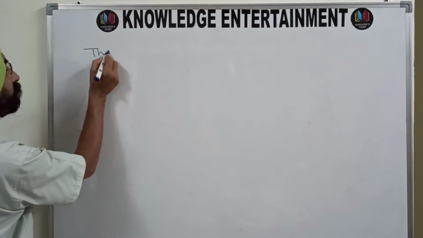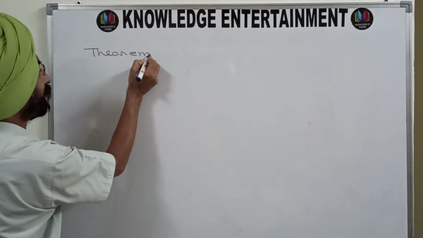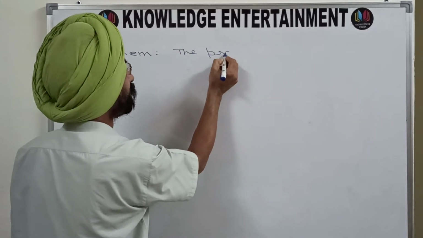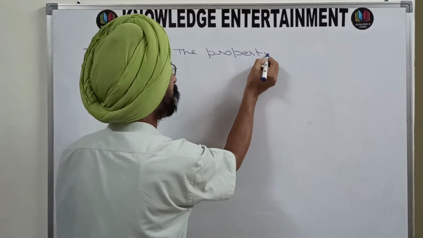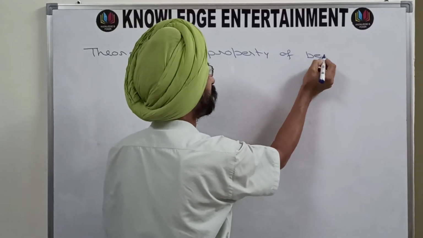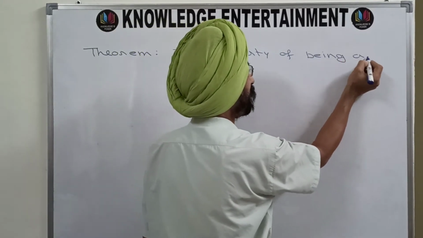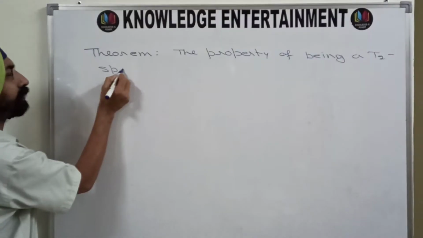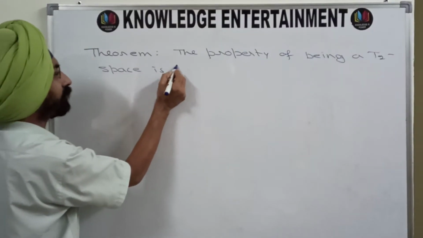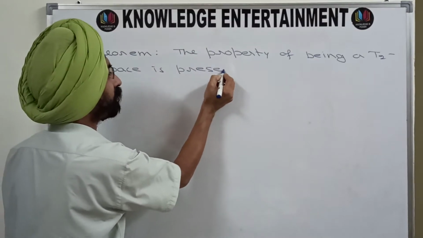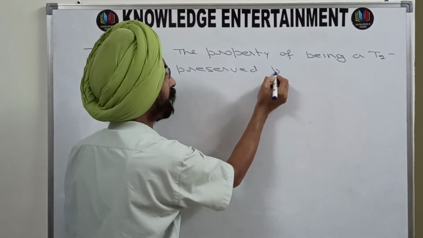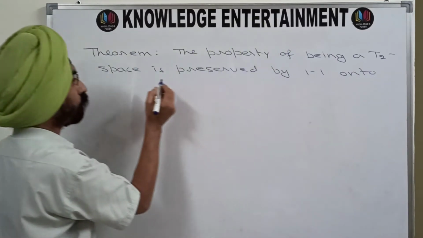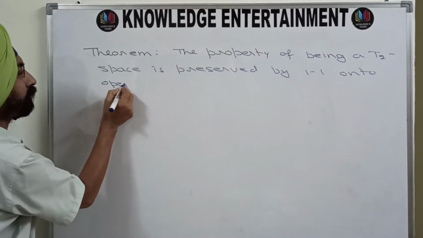The first theorem today is: the property of being a T2 space is preserved by 1 onto open maps.